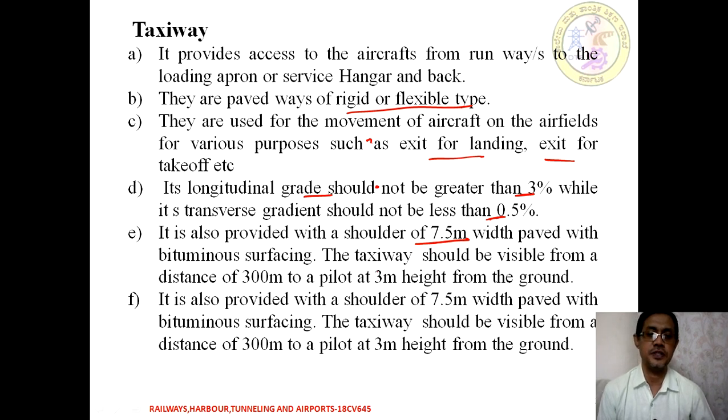It has to be surfaced, and it should have a minimum visibility at a distance of 300 meter to a pilot at 3 meter height over the ground. Apart from that, we should have a shoulder, the same as I said with respect to the taxiway.